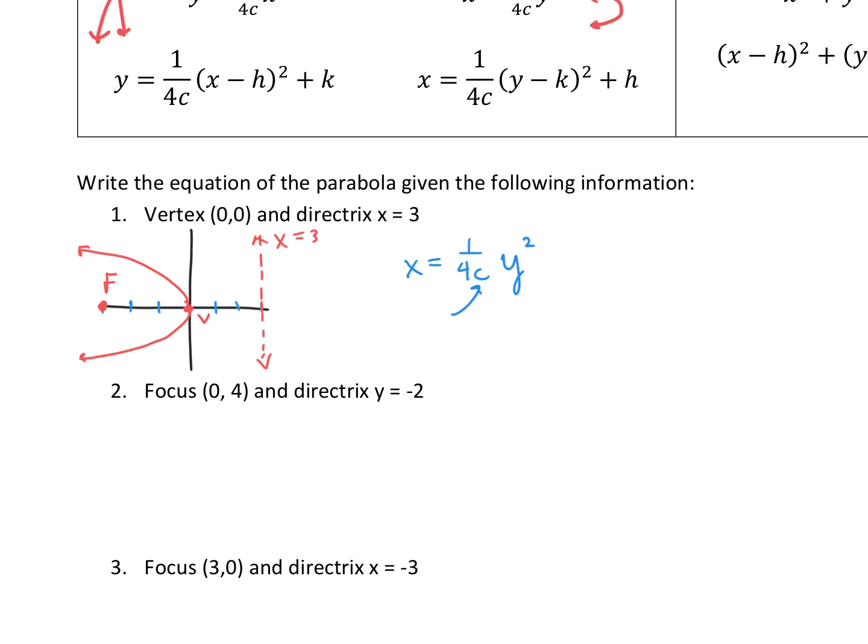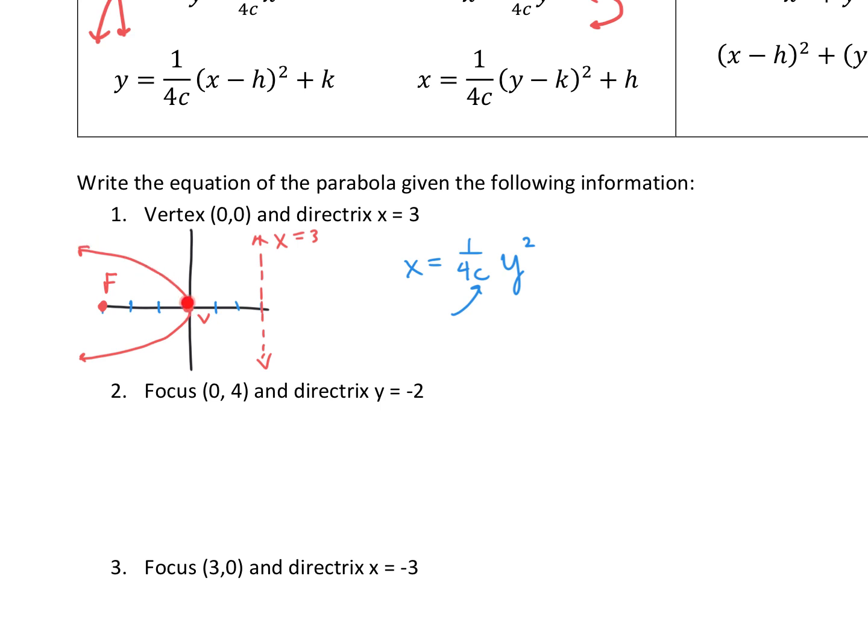So the c value can be positive or negative, and it's how far away the focus is from the vertex. So if I'm at the vertex, 1, 2, 3, our c value is 3, and because we are counting to the left, that'll be a negative 3.